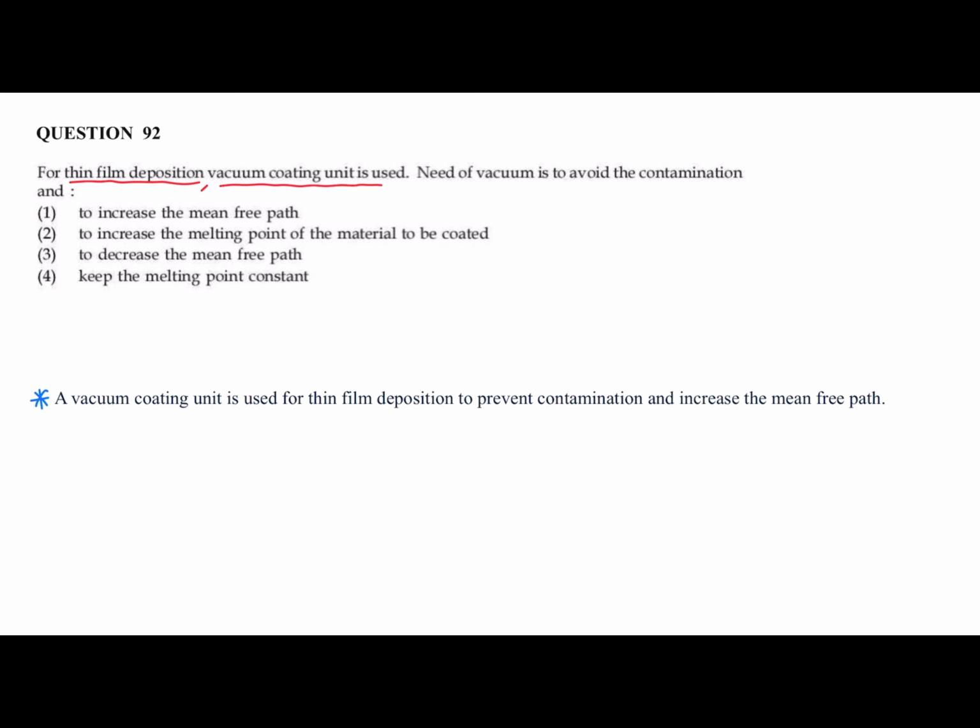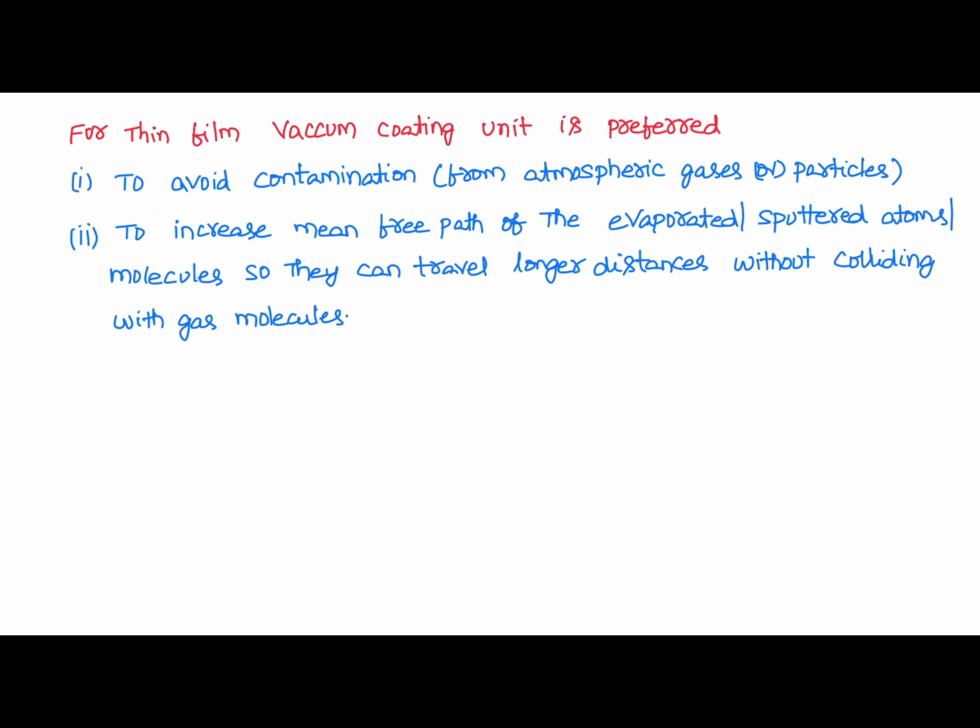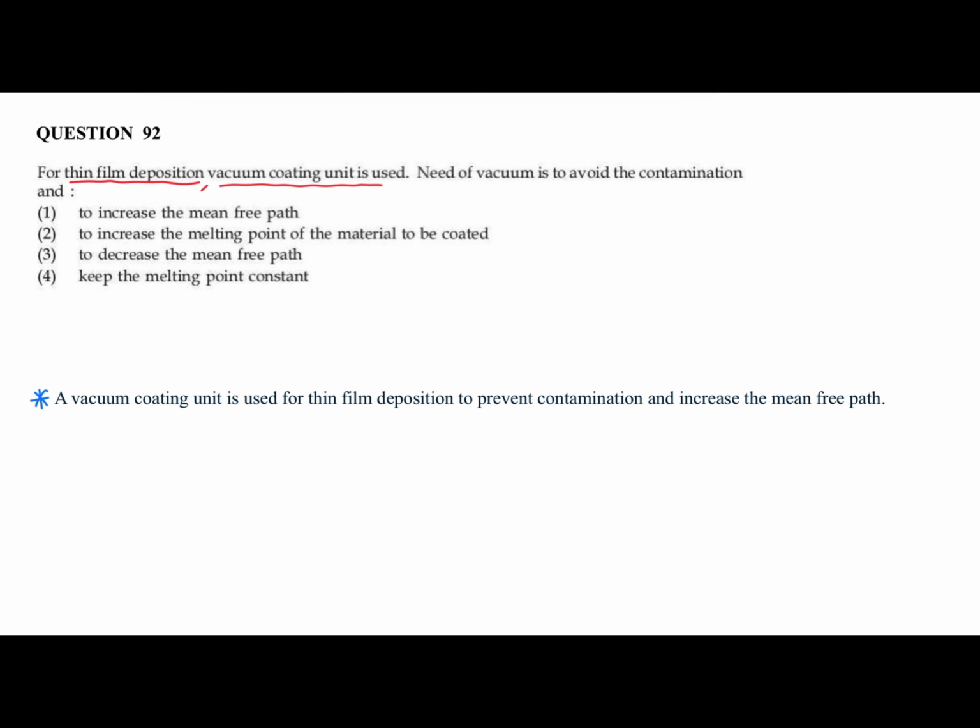The need for vacuum coating is, first, to avoid contamination from atmospheric gases or particles, and second, to increase the mean free path of evaporated or sputtered atoms or molecules so that they can travel longer distances without colliding with the gas molecules. So here the need of vacuum is to avoid contamination and to increase the mean free path. Correct option is 1.